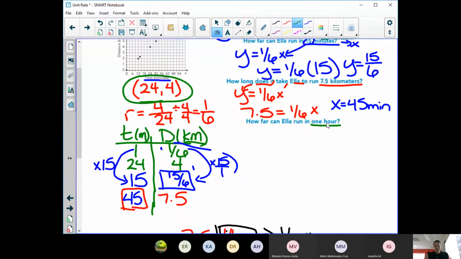Minutes. The question is asking about what measure of time? So how far can Ella run in 1? What is our measure of time in the question? It's asking about hours.